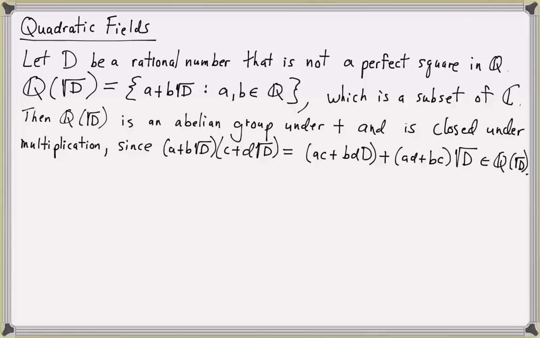Since A, B, C, and D are all rational numbers, this shows that the set Q adjoined square root of D is actually closed under multiplication.